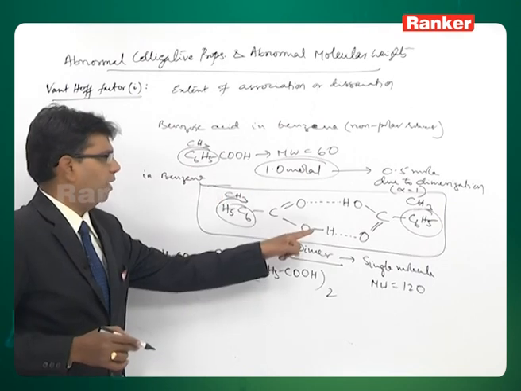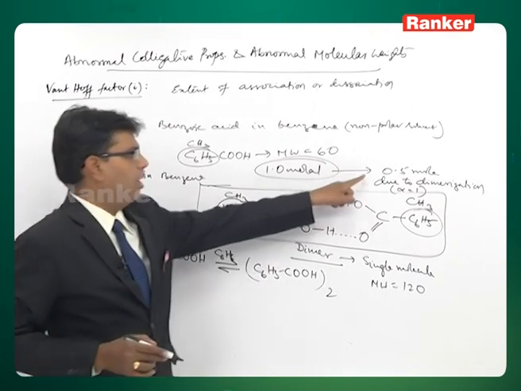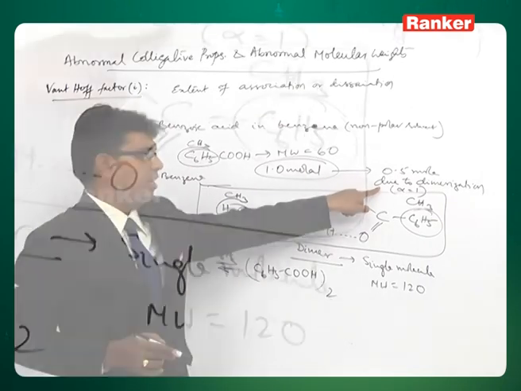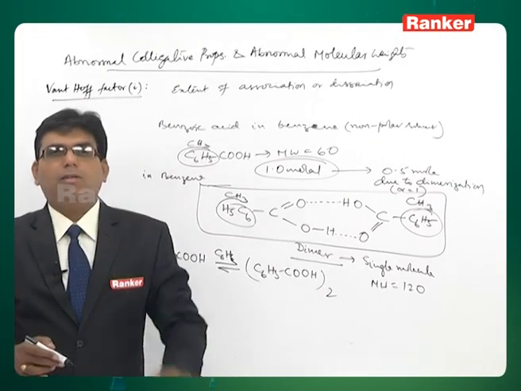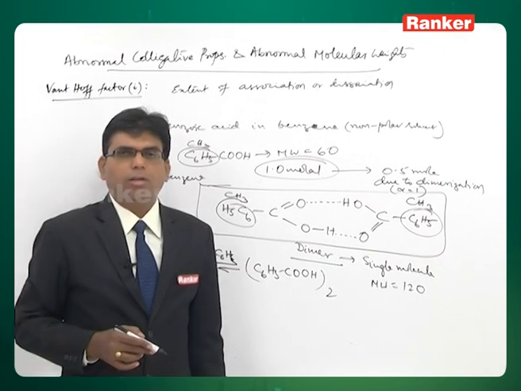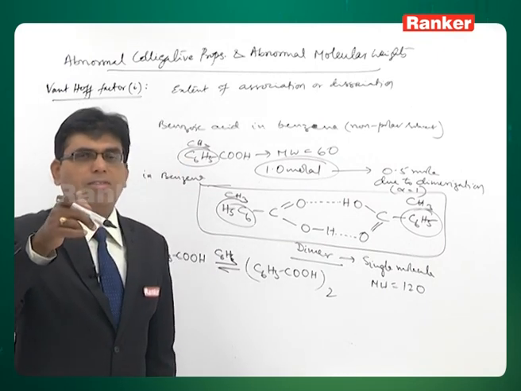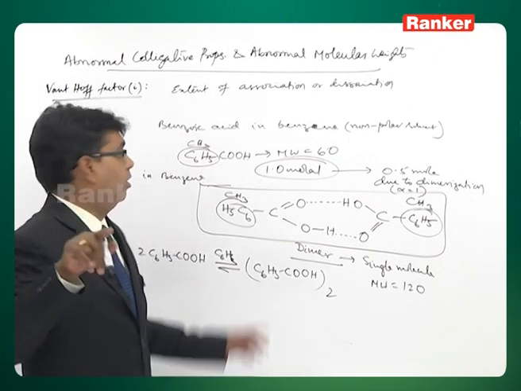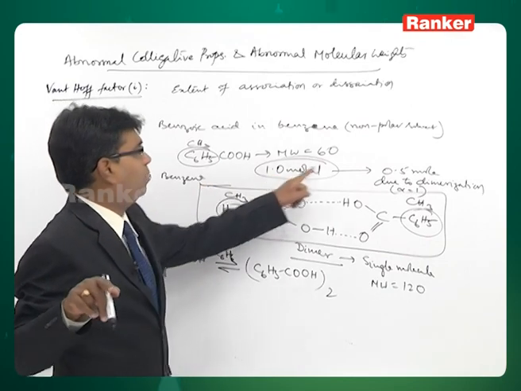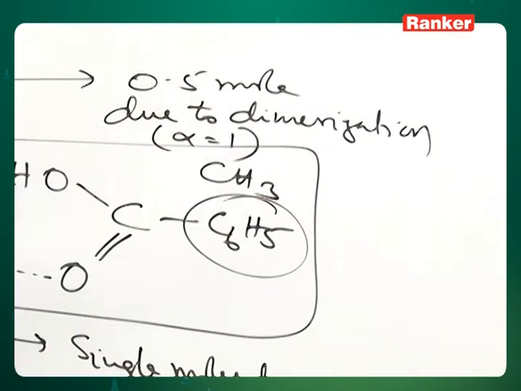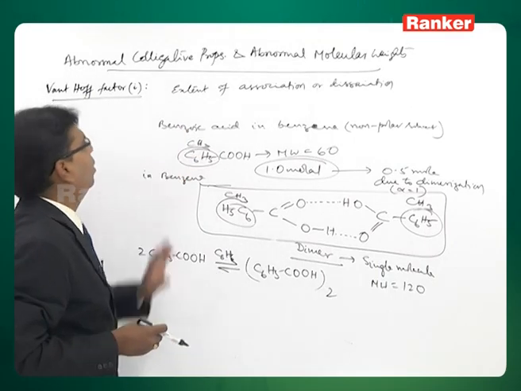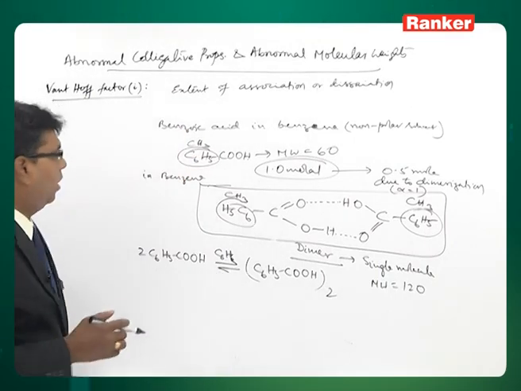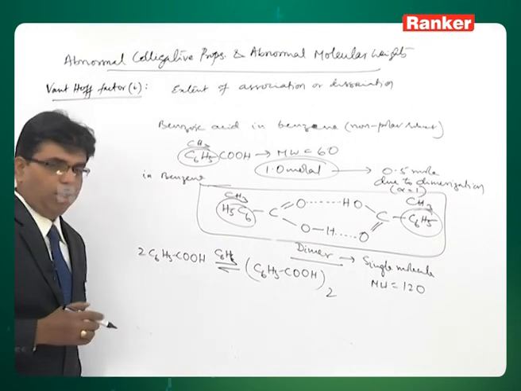Due to dimerization, the number of moles is decreased, and so molality also decreases. Colligative property depends on concentration. So, when the concentration changes from 1 molal to 0.5 molal due to dimerization, obviously the colligative property changes.